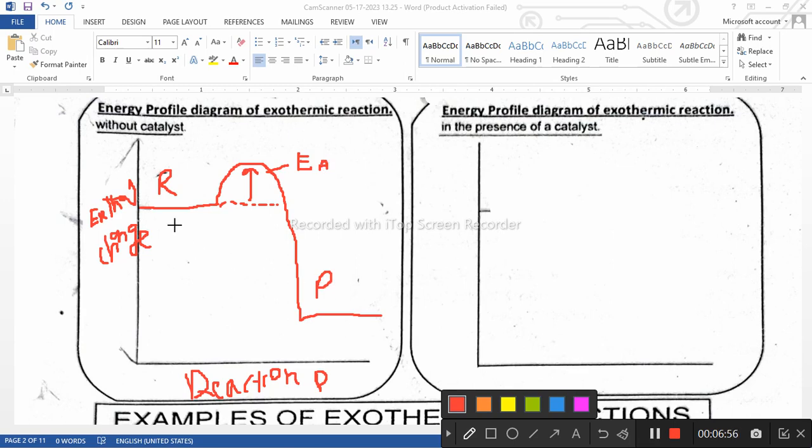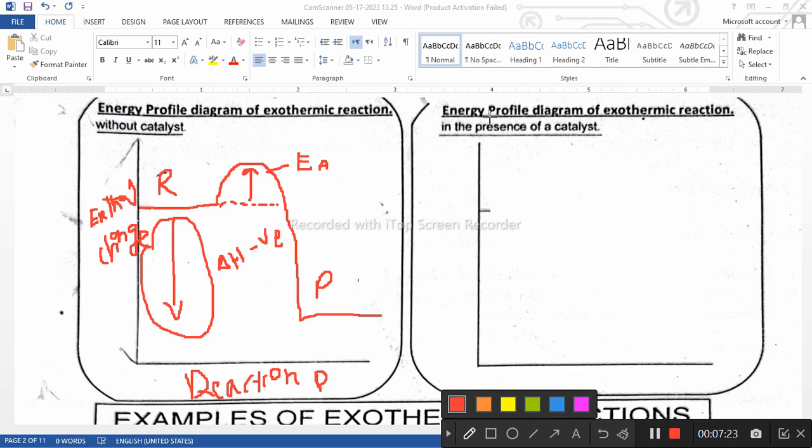And enthalpy change, the arrow of enthalpy change is like in this direction. Okay, the direction of arrow is very important because the examiner says to draw these arrows. Okay, here we have products, reactants. This is activation energy, this is enthalpy change, and you can say this is delta H. Okay, and delta H is always negative for exothermic reactions.